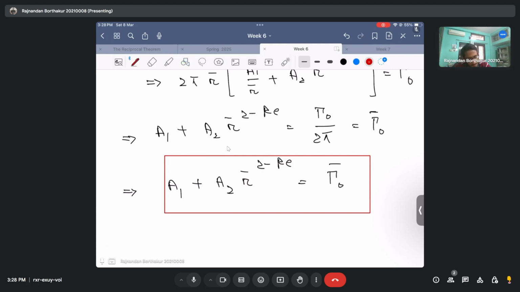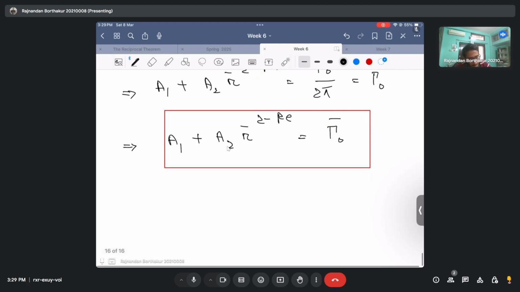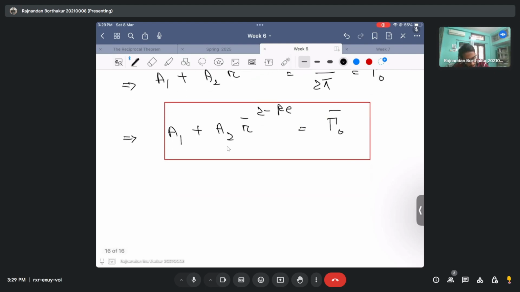Now, that's one boundary condition, and the second boundary condition is u theta bar at r bar equal to 1 is basically 1.